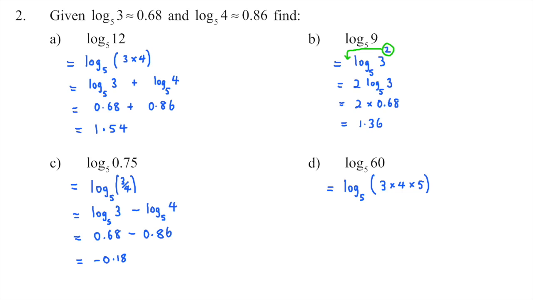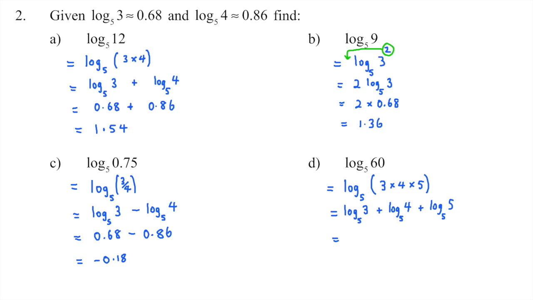Which means if I use my logarithm law, I could say this is the log to base 5 of 3 plus the log to base 5 of 4 plus the log to base 5 of 5. Now, 2 out of those 3 I know quite easily. Log to base 5 of 3, I know. Log to base 5 of 4, I know. So I'll put those in.